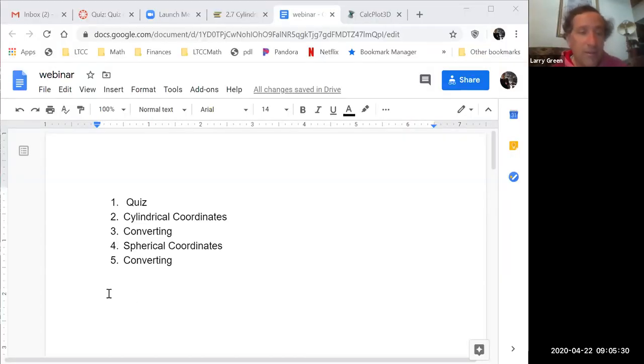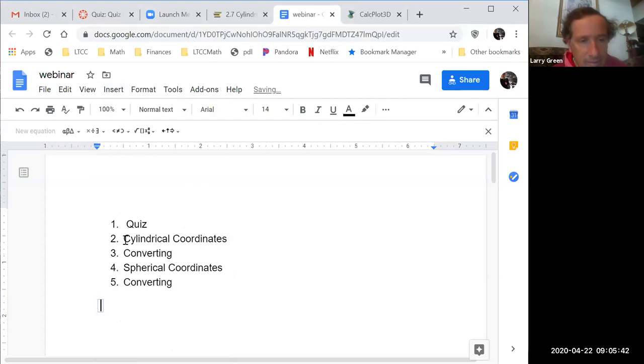Okay, so for polar coordinates, if you remember, the main thing was how do you get x and y in terms of r and theta? That's the main piece. So the first thing is x is equal to r times cosine of theta.